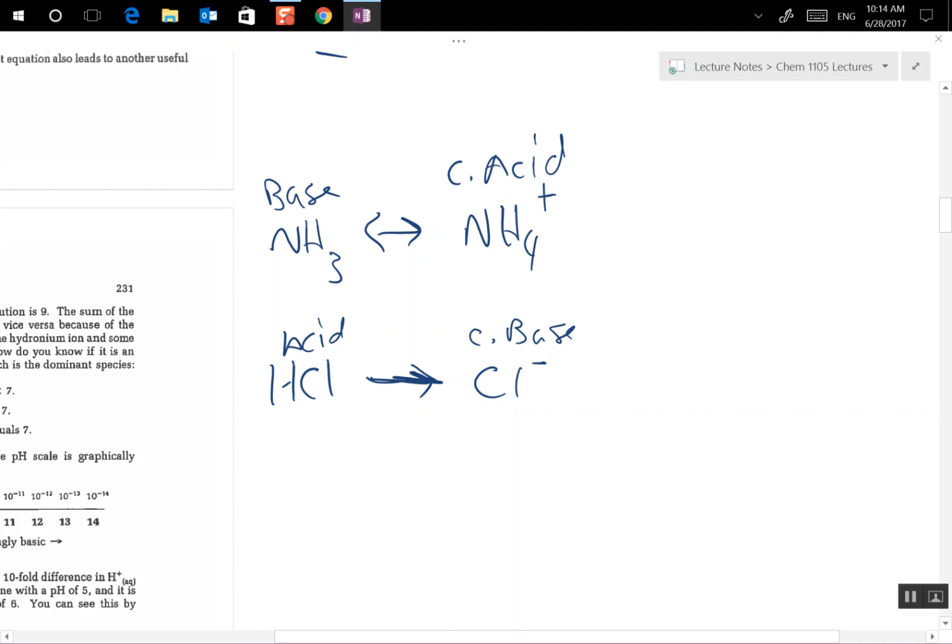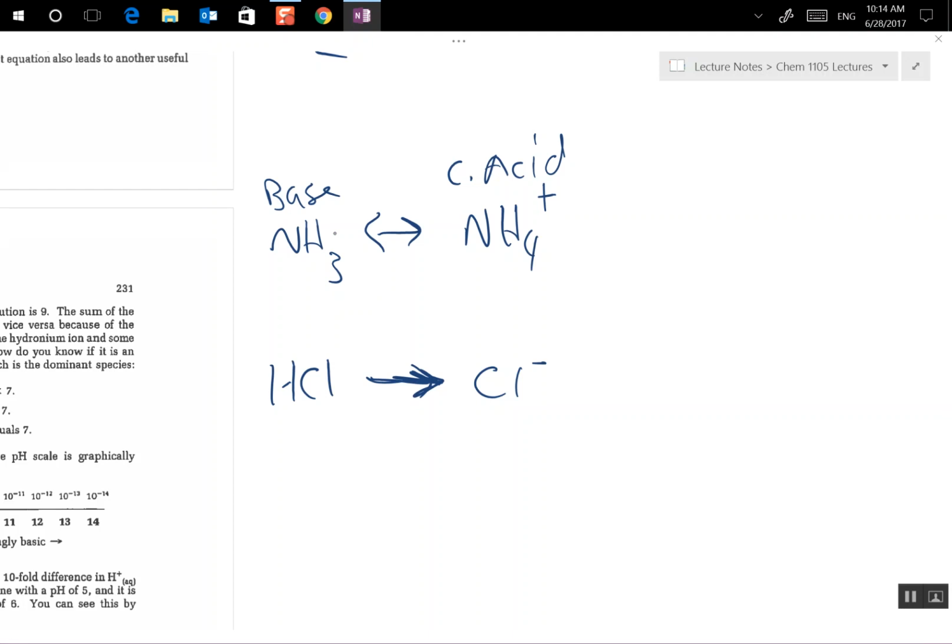This Cl minus does not go backwards. It just dissociates and stays dissociated. So we wouldn't really consider it a conjugate base because it doesn't act as a base. But NH3 is a base and NH4 positive is an acid. They're conjugates of one another.